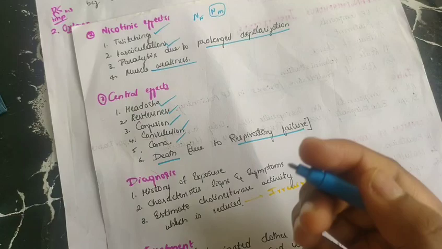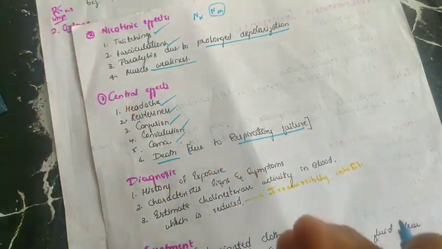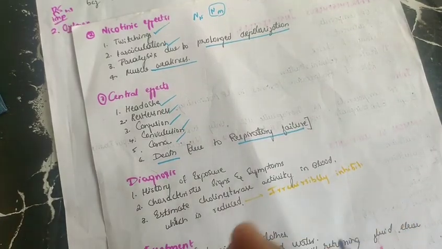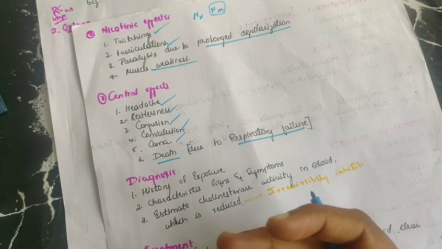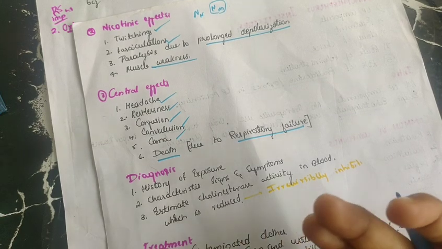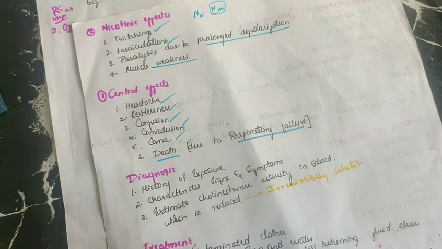And diagnosis: the person has come with OP poisoning, how will you diagnose? You have to take a history. History taking is the most important, so that you can differentially diagnose the condition. By the history only you can say what the case is. So history of the exposure is important.